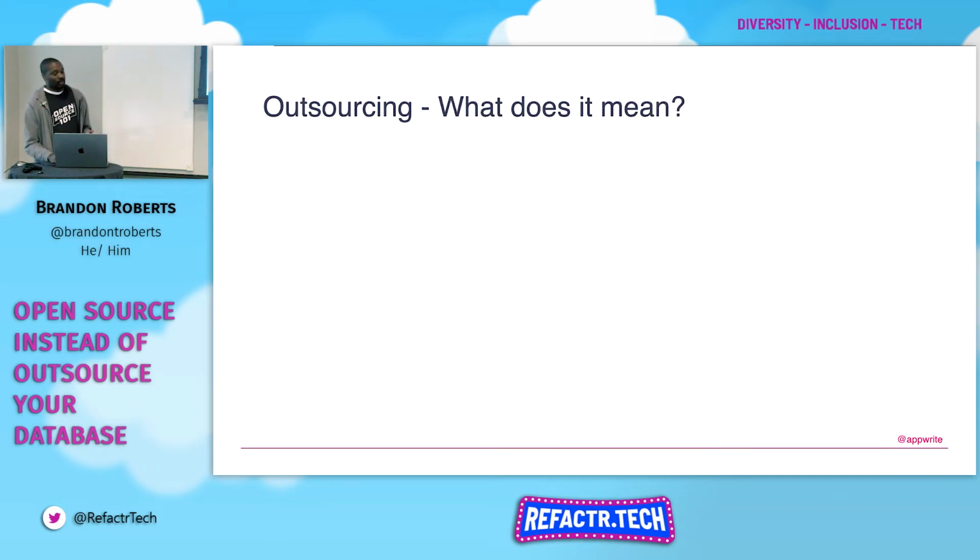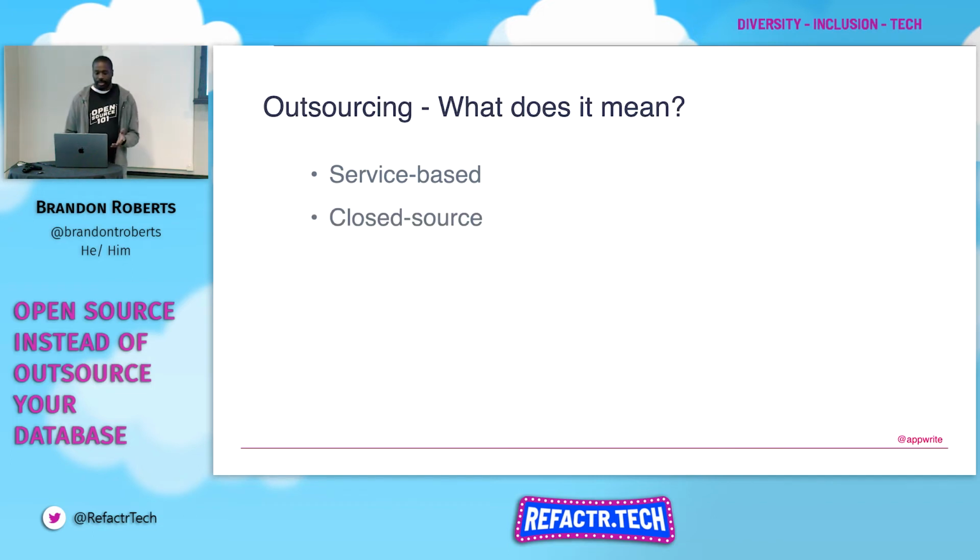So outsourcing, what does that mean? At a basic level, it just means that you choose a provider that you don't have primary control over. That provider could even use open source software, but the product itself is closed source because you don't have access to see everything the company's doing with that source code.